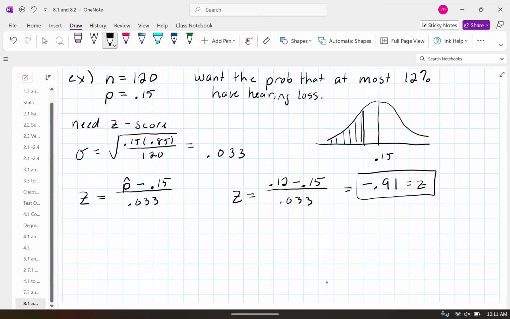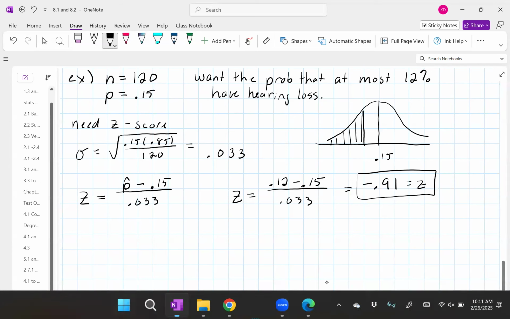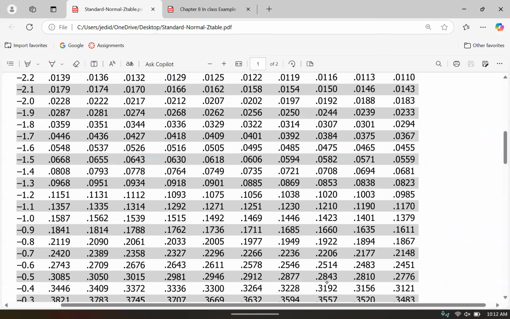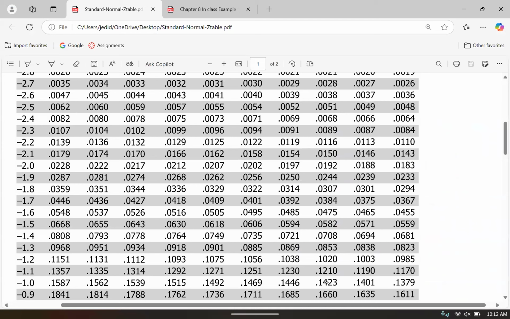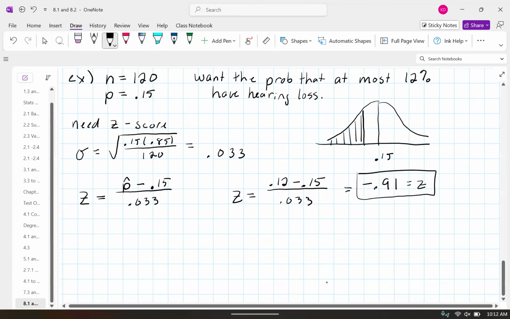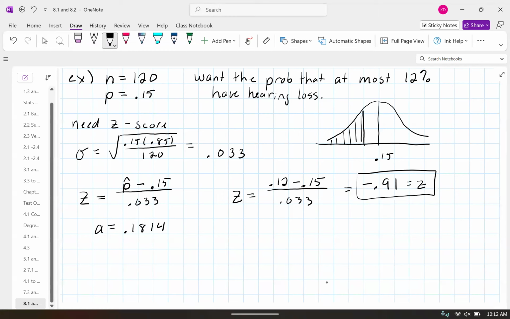Now we've found our z-score. We want the probability that at most 12% have hearing loss. So we have our z-score, and now we're going to look up that probability. For negative 0.91, we go to our z-chart, to negative 0.9, go over 1, and I get 0.1814.